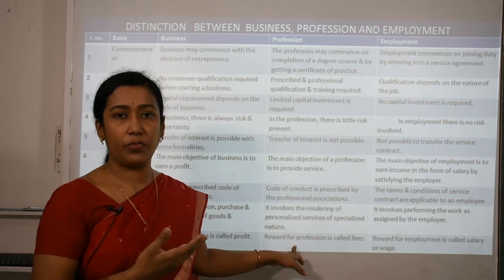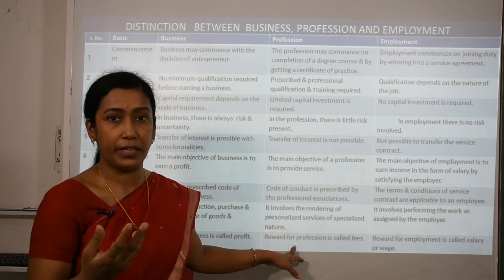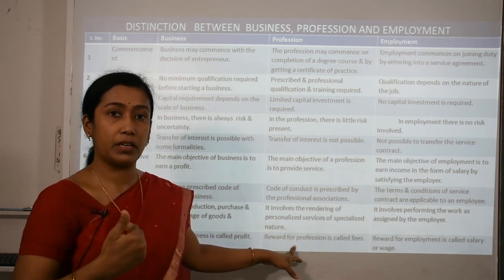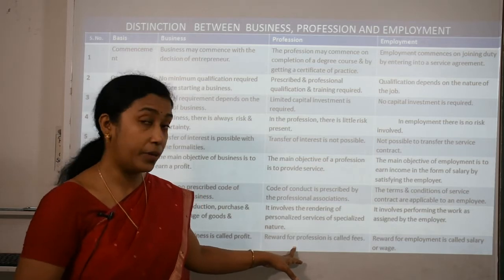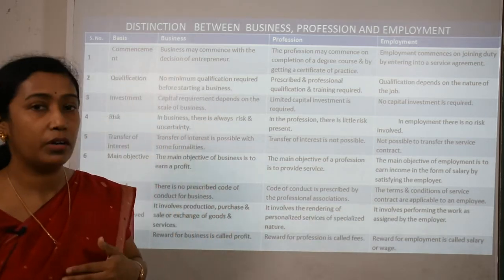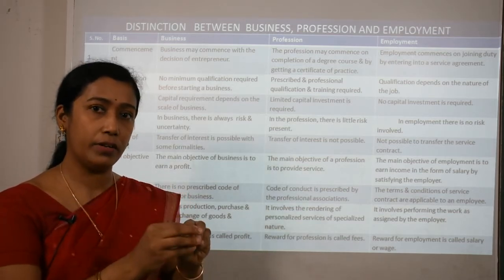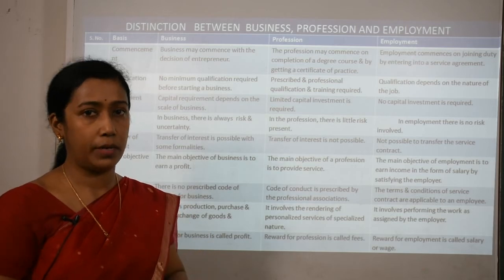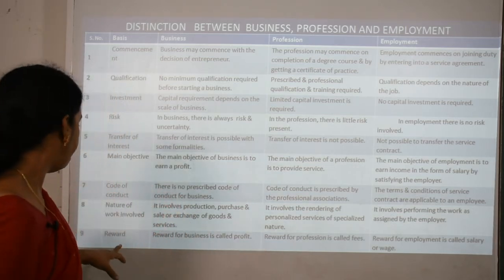All the professional degrees, doctor, lawyer, engineer, have personalized services which they need to render to the people who require them. Employment involves performing the work assigned by the employer. Whatever work is given, assigned or allotted, the employee needs to complete that work, that's all.